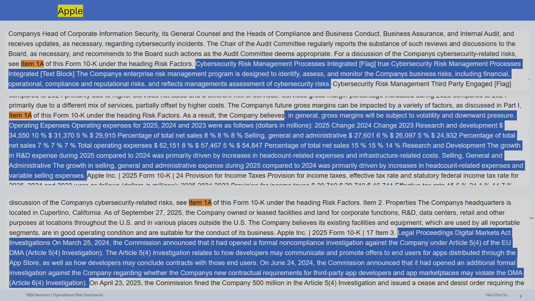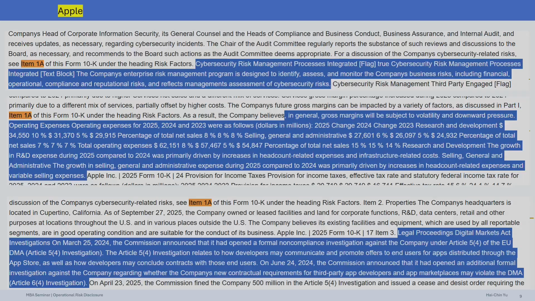Another one is gross margin volatility, and it's saying that there is downward pressure and volatility, and some wording may represent the operational risk in this paragraph. Continue to read the next Item 1A section, and here it is showing the legal proceedings, the Digital Markets Act, and so on.